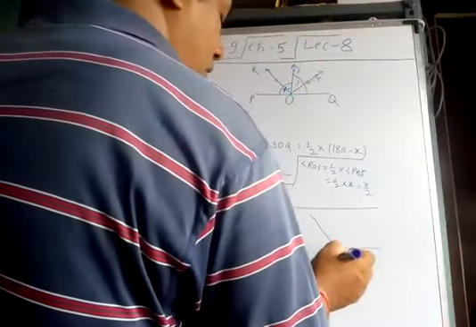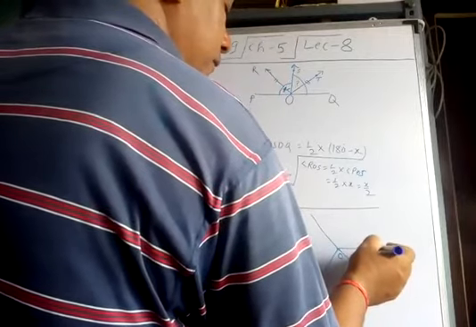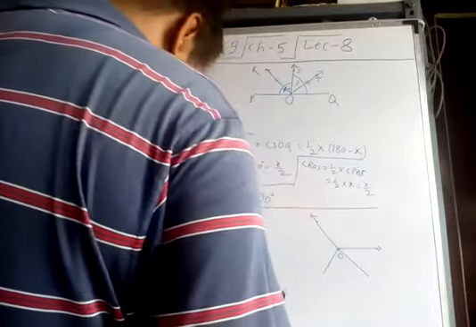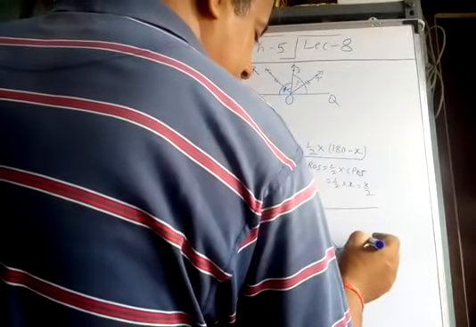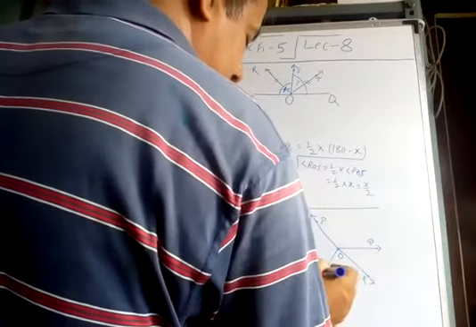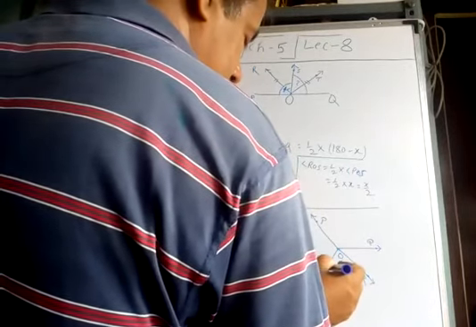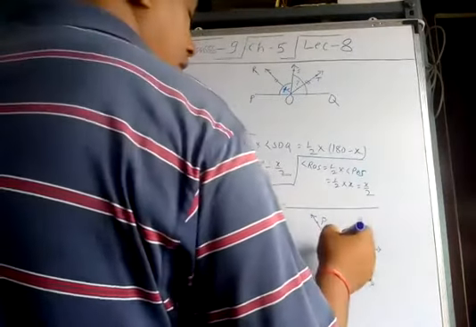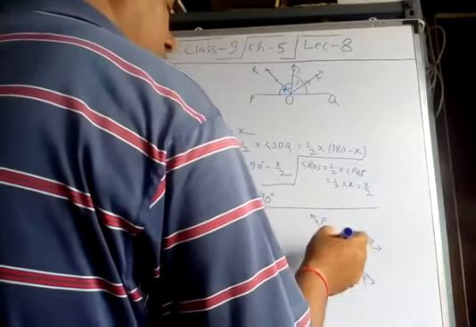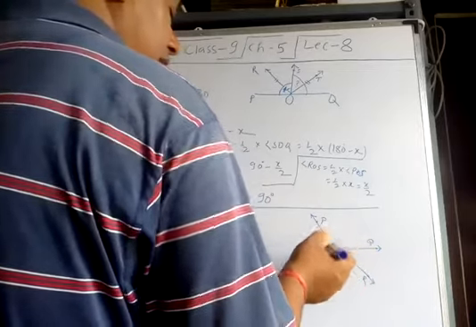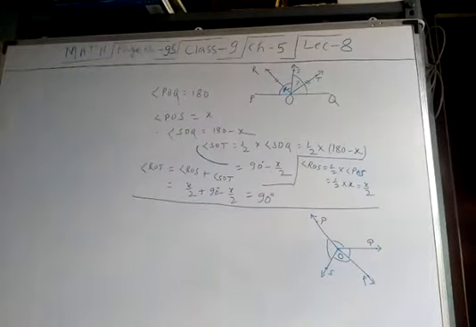Here it is P, it is Q, this is R, this is S. We have to show that the sum of all these angles, this angle plus this angle plus this angle plus this angle, is 360 degrees.